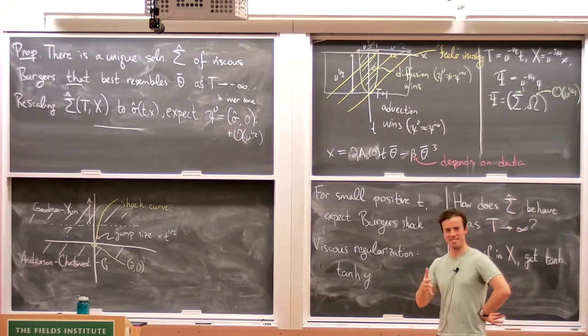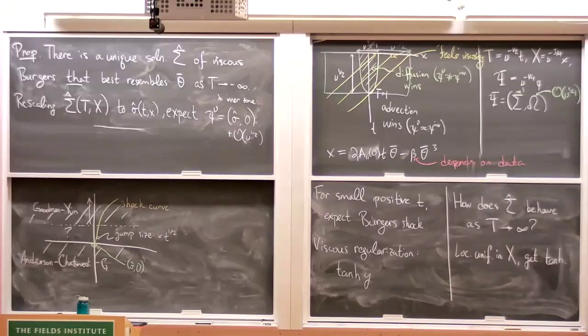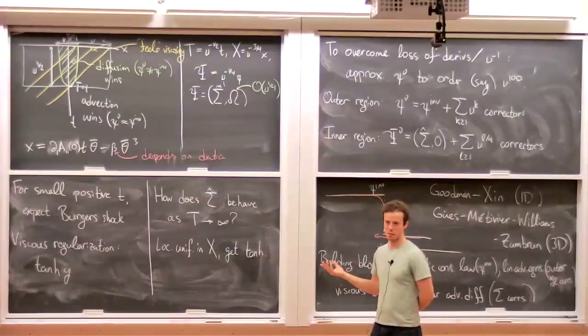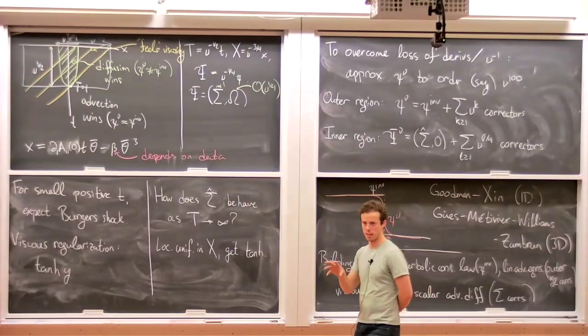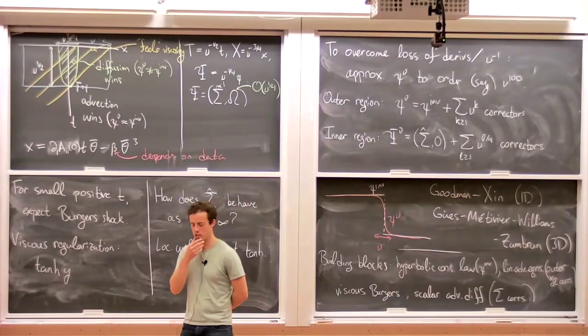I don't know exactly what state that's in, but anyway, it's not out in public yet. But there's believed to be a unique candidate solution for Euler in this case, a physical solution, and ideally, this vanishing viscosity approach would be able to identify that as the limit of a sequence of viscous approximations.